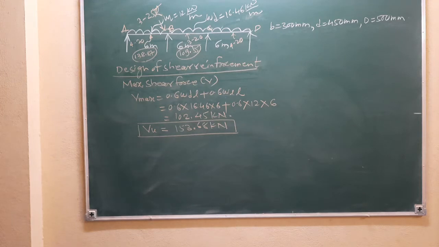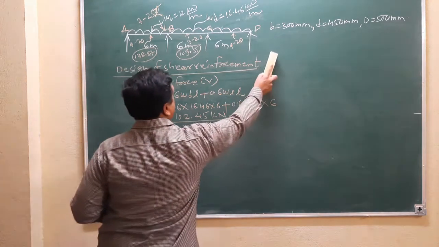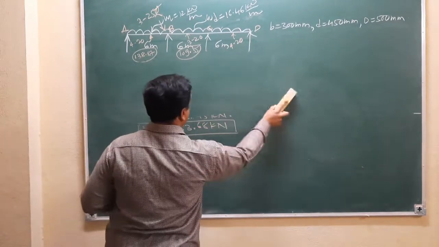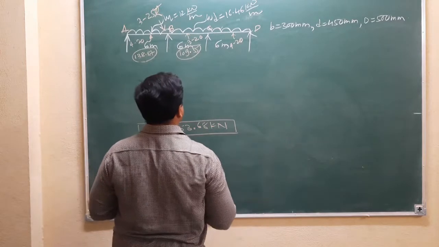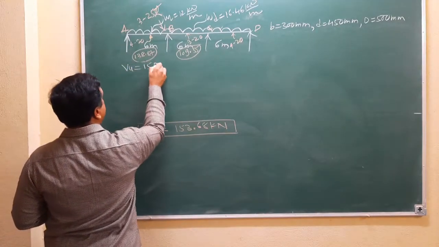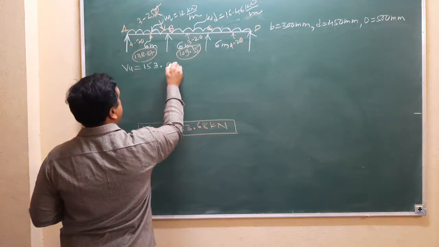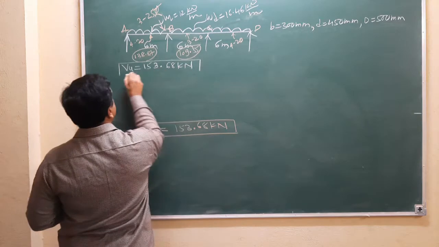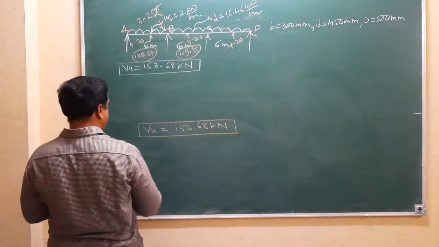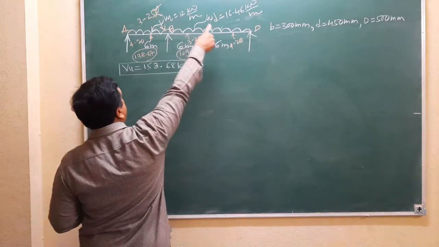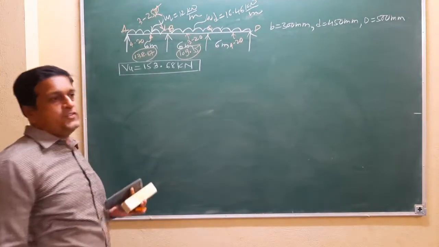So what is the amount of maximum shear force? The maximum shear force next to the end support, that is V, is equal to 153.68 kilonewton, and this shear force is maximum at support B and at support C on the outer side.